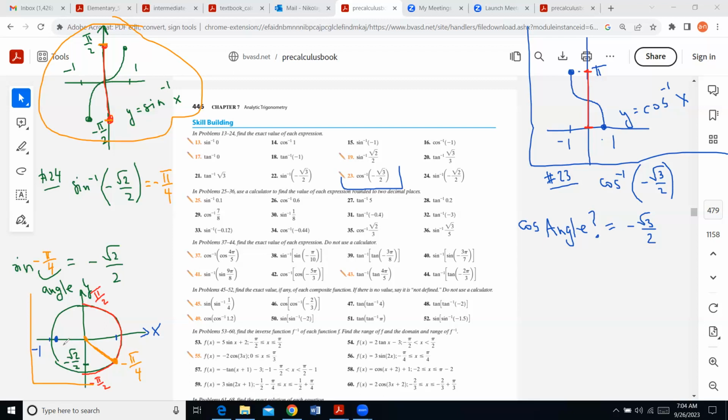And that negative square root 3 over 2 will have an angle that intersects with my unit circle, but now it's defined on the region from 0 to pi. See the difference? Now with our cosine, we are only getting positive angles from 0 to pi, which is fine. We can definitely take that one.